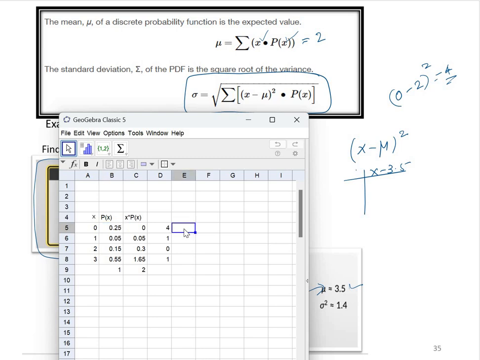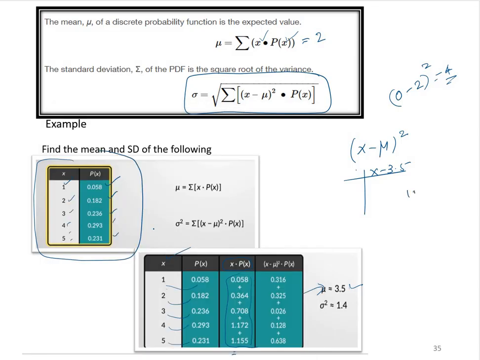Okay, equal to, again, this value, sorry, that is not the value. Go back. This value is x minus mu the whole square times p of x. P of x is this column. Okay, enter. So p of x is 0.25.